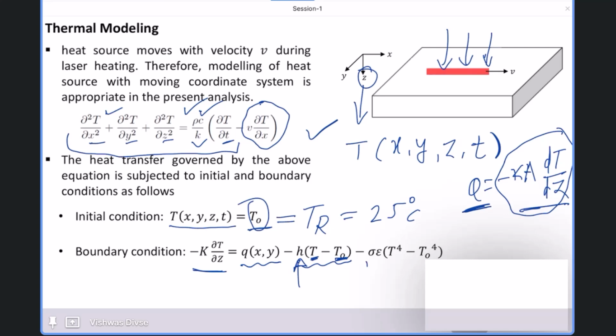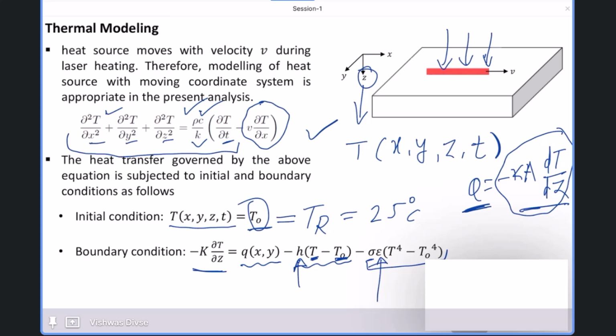And finally radiation. So the constant sigma, don't confuse it with the stress. This is the constant sigma, we call it the Stefan-Boltzmann constant. So that is a well-known constant, already known value. Emissivity again depends on the material and many other factors, whether the body is black or grey or what kind.